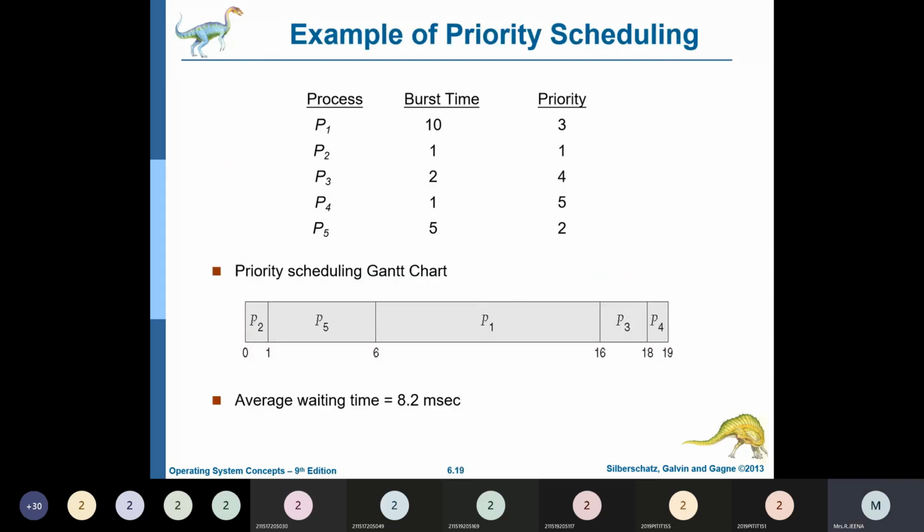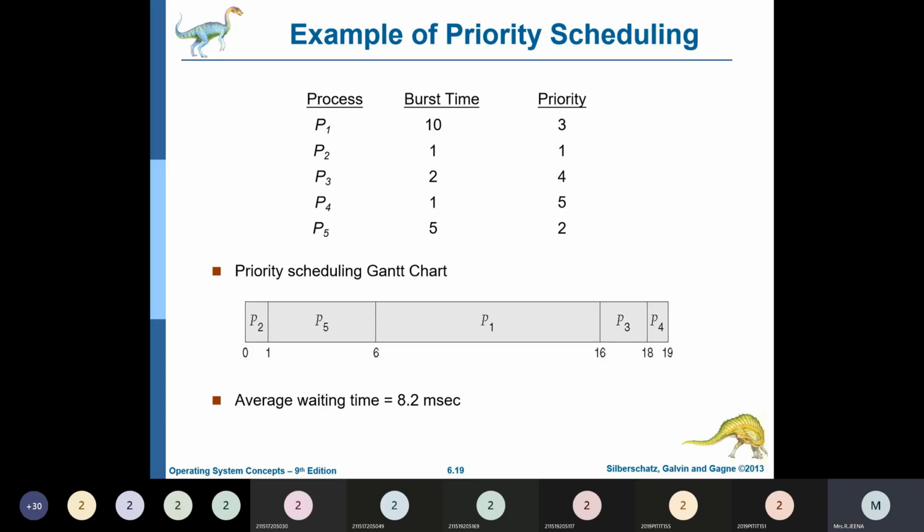In this priority scheduling, if the priority is given, for example, here the priority is given to P2, which contains burst time 1. So this is okay. This is efficient. But what if P2 contains higher values, like 12 or 14 burst time?